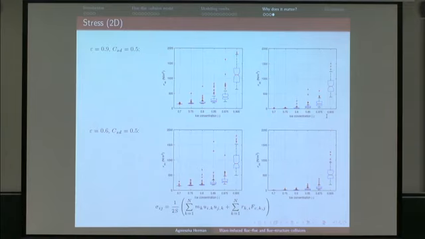Namely, that when we increase the ice concentration, what we observe is a gradual increase of the stress component sigma xx in the x direction, with a very rapid increase when the ice concentration reaches a certain threshold.